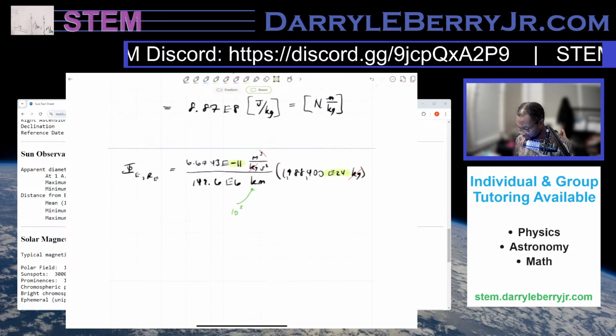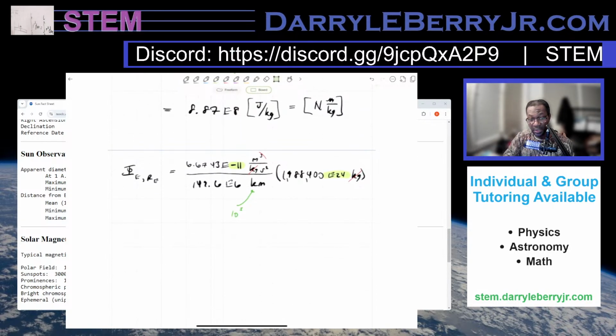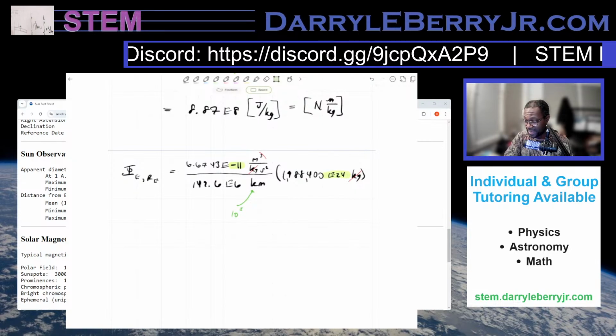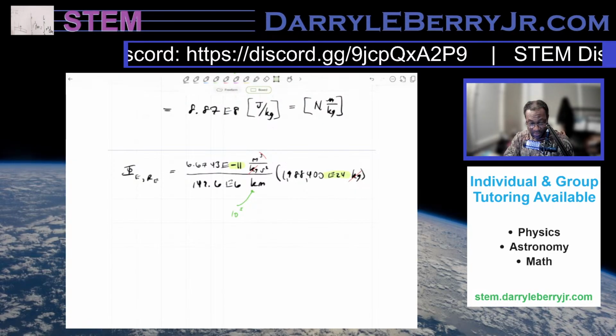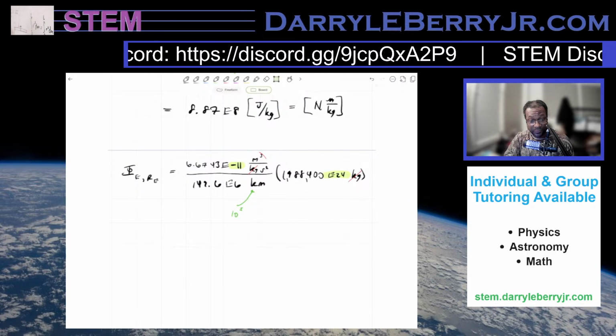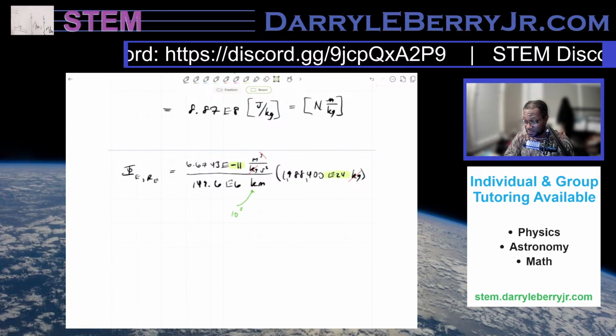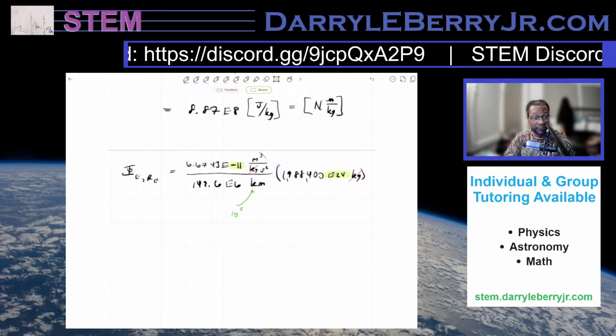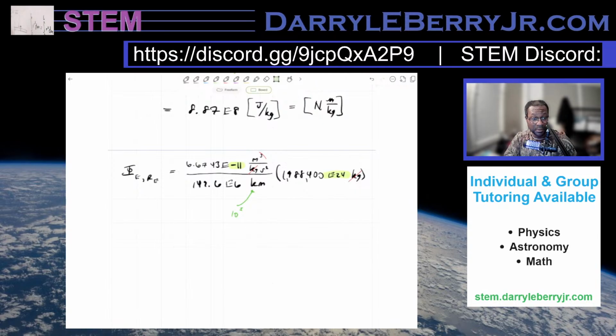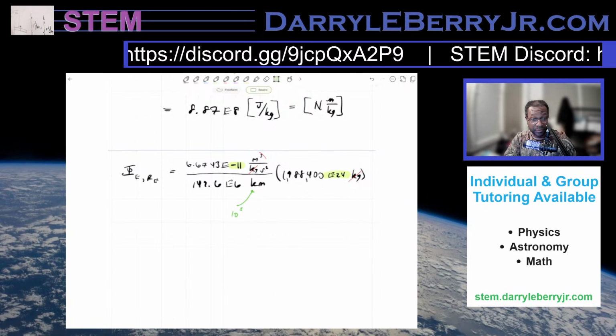So now the radius is going to be the radius of Earth. And I can go to the same website from NASA. And there's an Earth fact sheet, which I've also used a lot.